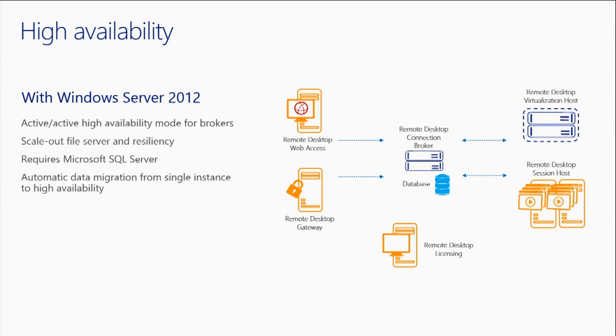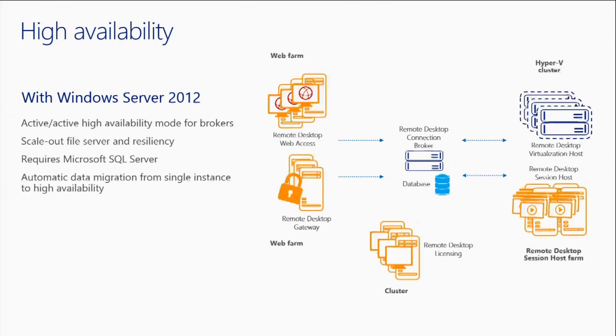And these are the typical roles in a VDI solution. You can see we've got either our virtualization hosts or our remote desktop session host servers there. You've got our connection broker that takes care of routing users to either their existing session or assigning them a new session. You've got the web access. You've got the remote desktop gateway, which is kind of a poor man's VPN just for the RDP traffic.